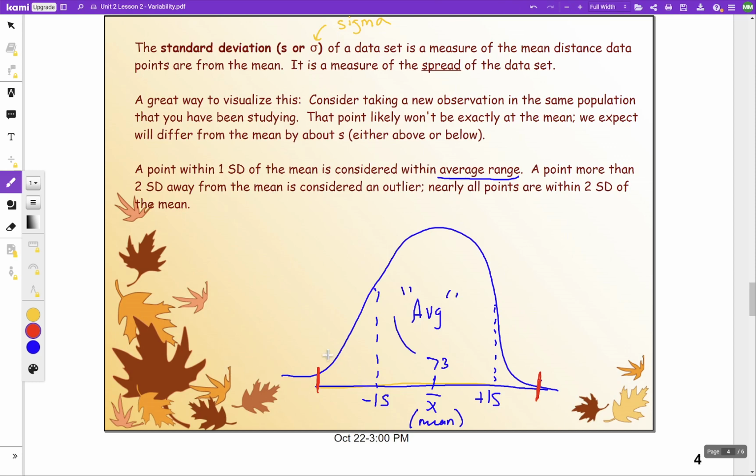Those are pretty rare, so we might consider those to be outliers. And so this is your first major numerical definition of what an outlier is. But more of that will come later, right? Do keep in mind that nearly all points in a data set are going to be within two standard deviations of the mean. And that's actually true for almost any data that you could collect.